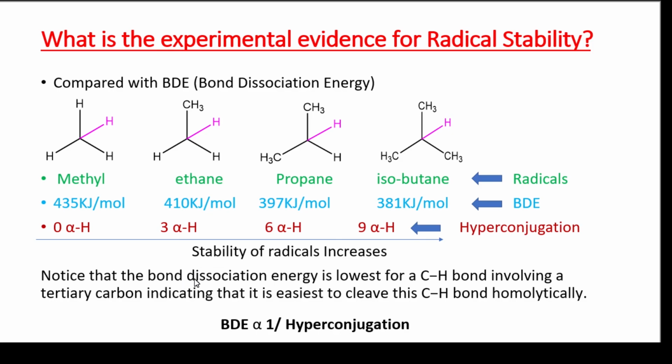And the bond dissociation energy is lowest for a CH bond involving a tertiary carbon. This is a tertiary carbon, this is secondary, this is primary, this is methyl carbon. So the tertiary carbon indicates that it is easiest to cleave the CH bond homolytically, meaning we can cleave this bond homolytically easily. Then this requires high energy to cleave homolytically. I hope you like this video.